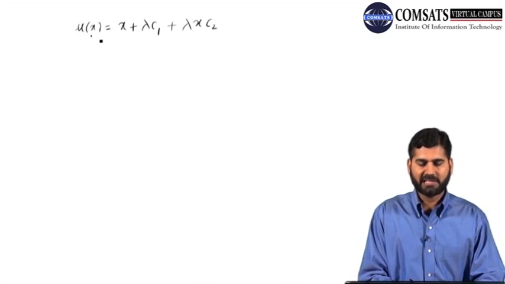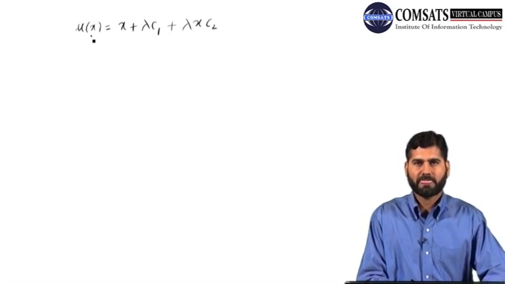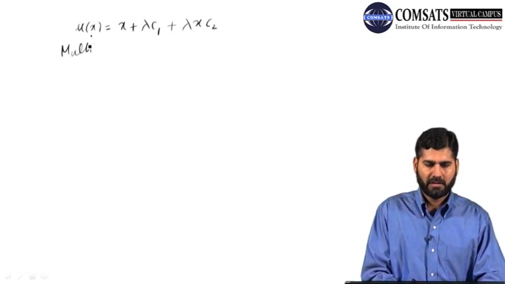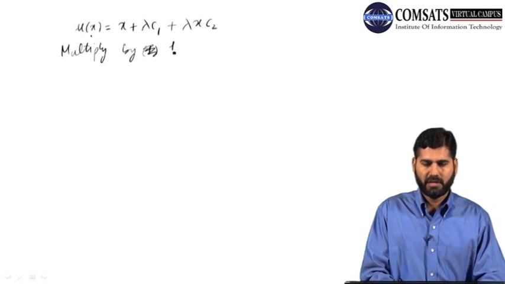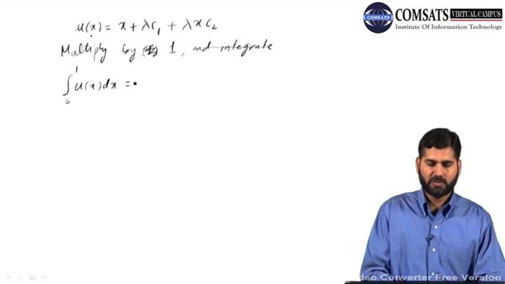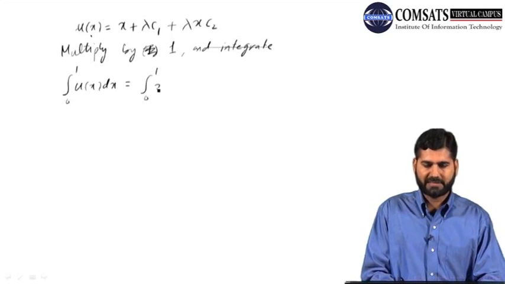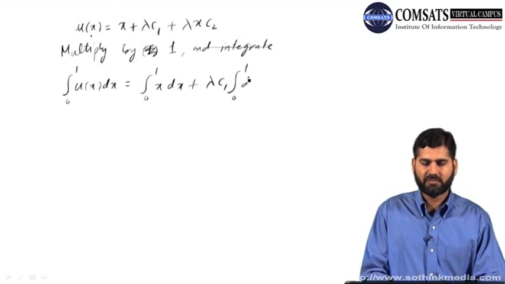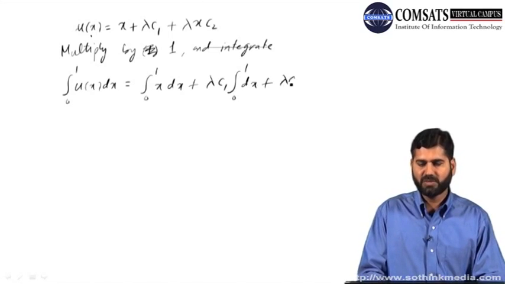Now if you multiply this by 1 and integrate, you will get integral from 0 to 1 of u(x) dx equal to integral from 0 to 1 of x dx plus lambda C1, which is constant, so the integral is just from 0 to 1, plus lambda C2, which is constant, and the integral is of x dx.